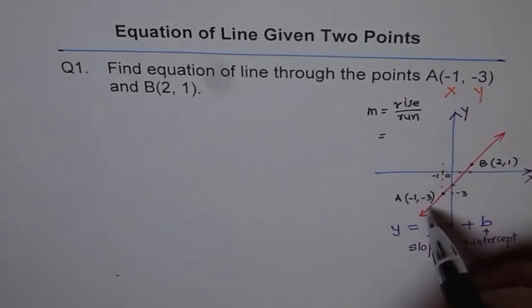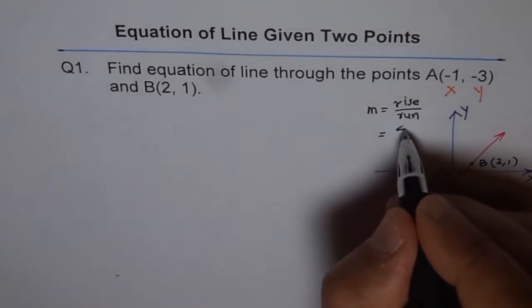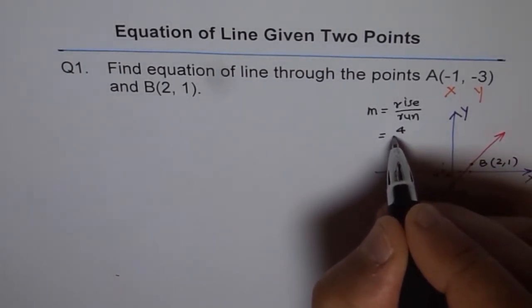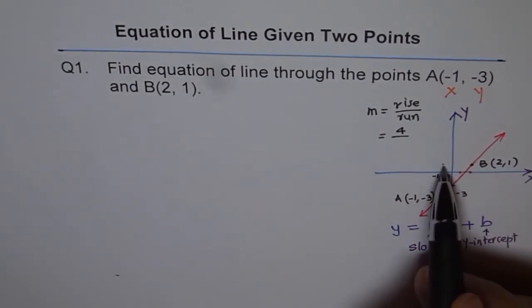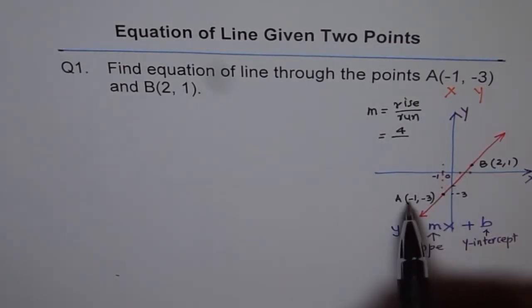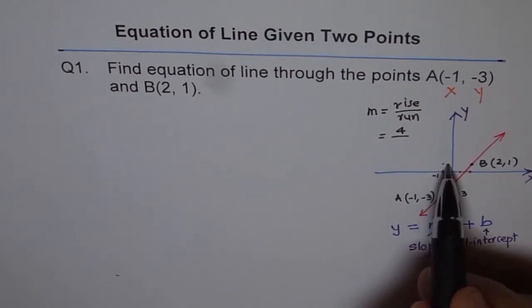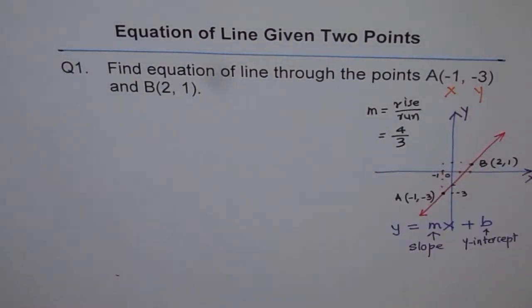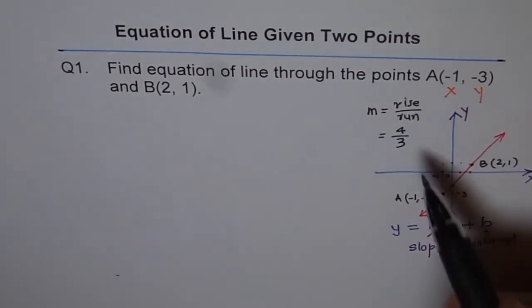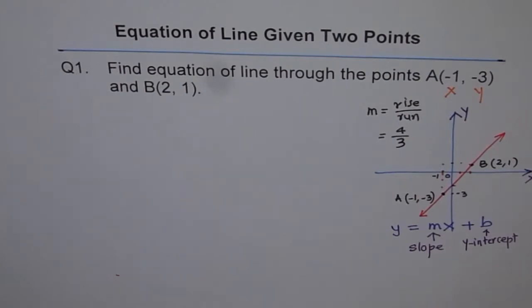So we get 4 units up. Up means positive, so +4. And run is horizontally how many units? From -1, we go 1 unit and then 2. So 1, 2, 3 and reach there. 3 is our run, and therefore slope becomes 4 over 3.